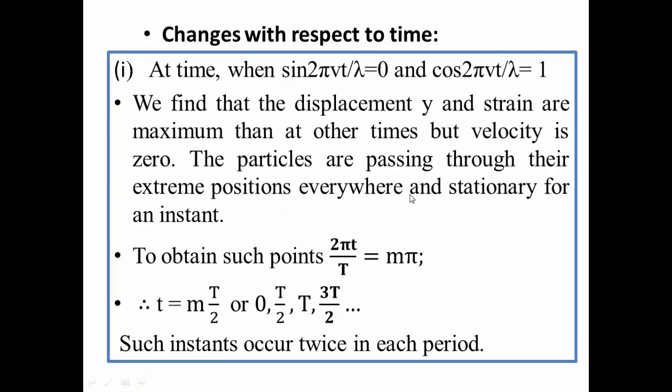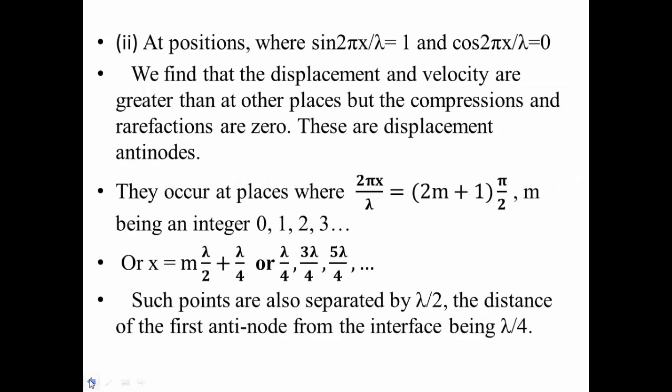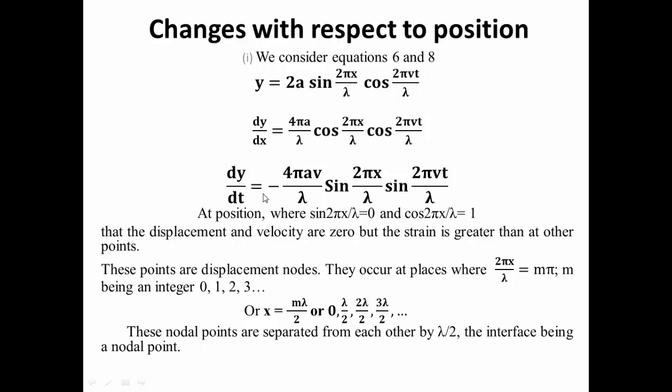Now we consider the changes with respect to time. We consider the times where sin 2πVt/λ is equal to 0 and cos 2πVt/λ is equal to 1. Going to the equations, velocity is 0, and displacement and strain are maximum.